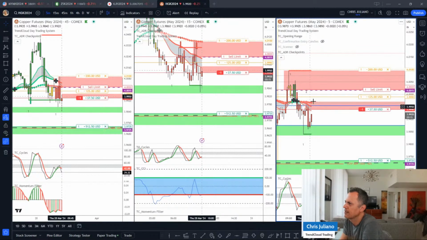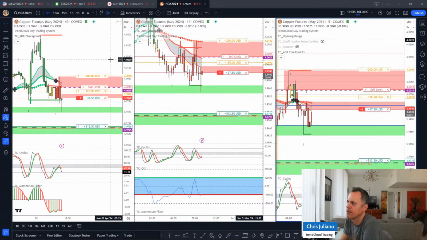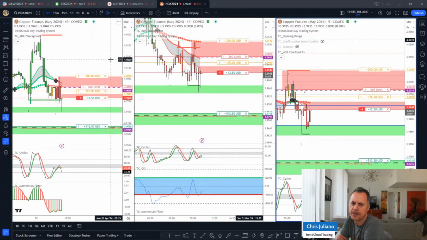There's your TrendCloud resistance. Downtrend, 45-minute, cycling down, momentum's down. Momentum's on our side.